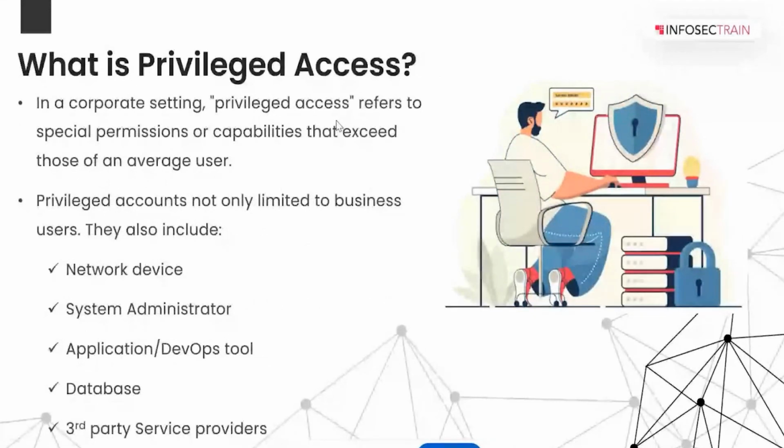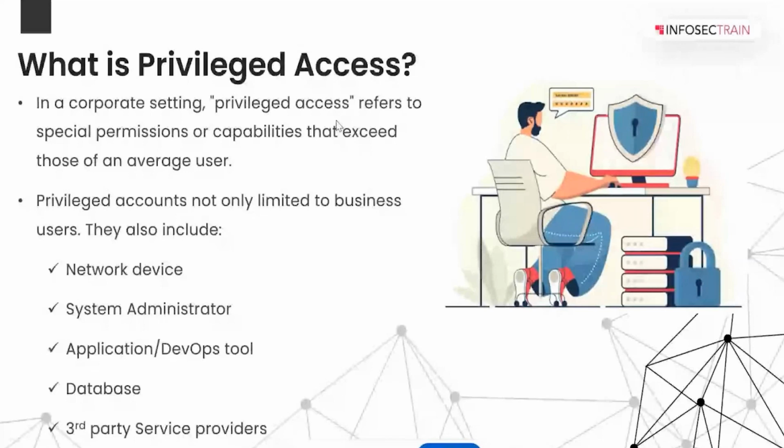For example, you might have noticed that when you join any organization and you want to install a software on your company's laptop, you are not allowed to do that, right? In that case, you raise a request to the company's support team. They remotely log into your system and download that software for you, right?